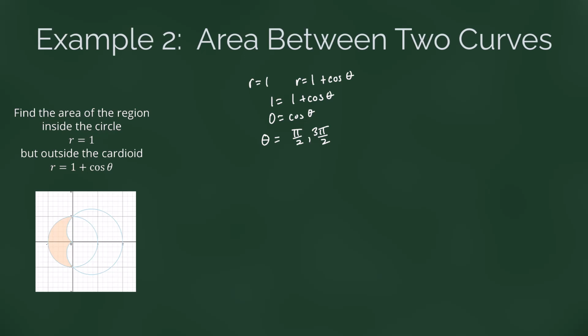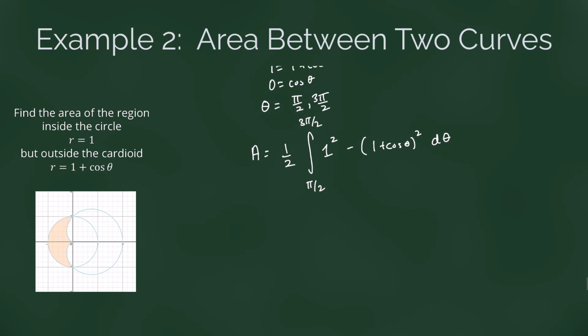So we know that our area is going to be 1/2 the integral from pi over 2 to 3 pi over 2. But now we have to look at the curve. The circle's radius would be 1 squared inside the integral. The cardioid's radius would be 1 plus the cosine of theta, squared. So if we take the difference of those two, we'll get the selected area that we're looking for. Now we just solve.